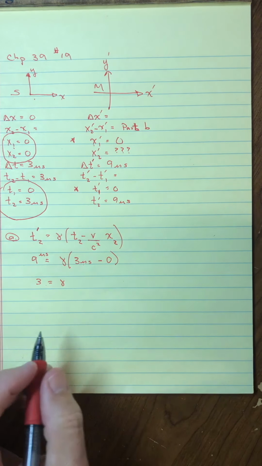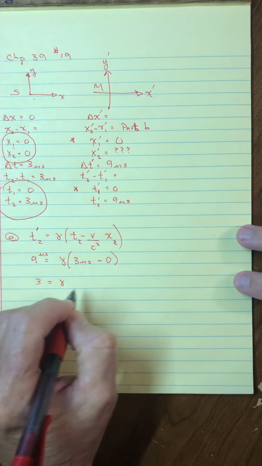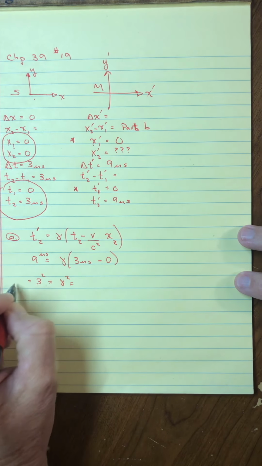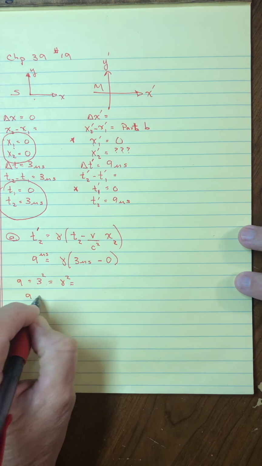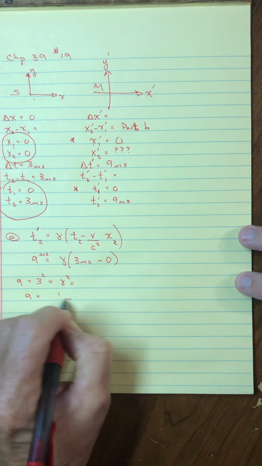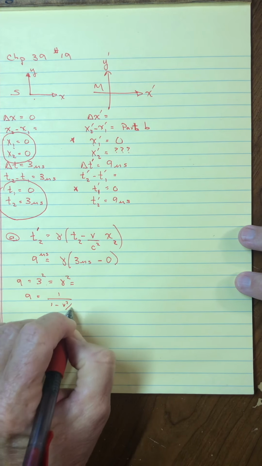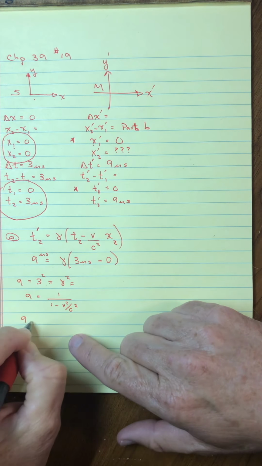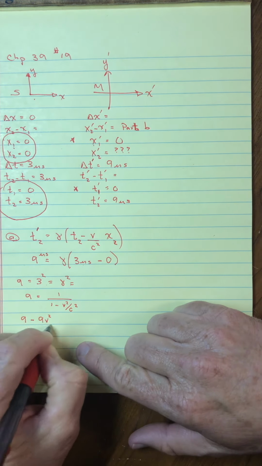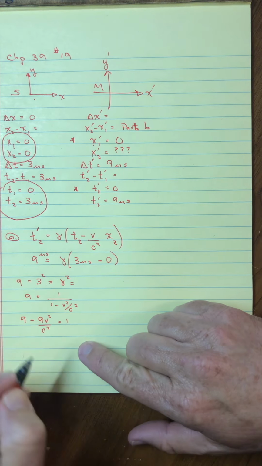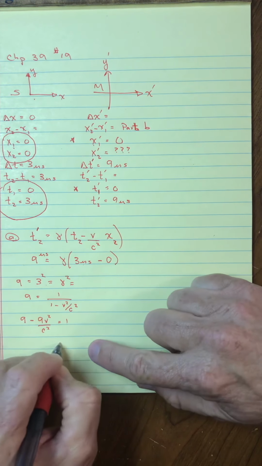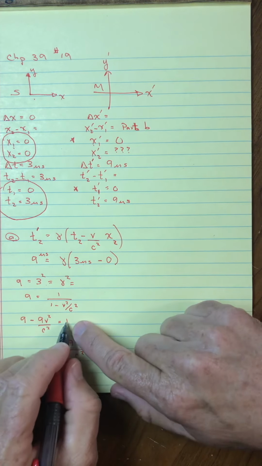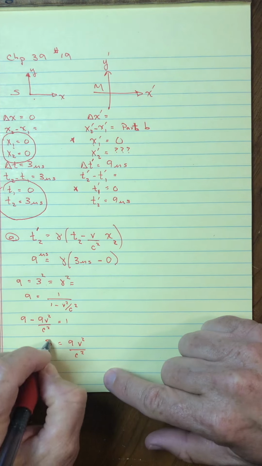Okay. Now, gamma has a square root in it, so let me square everything, because then this would become 1 over 1 minus v squared over c squared. And so when I cross multiply, this becomes 9 minus 9v squared over c squared equals 1. Moving the 9v squared over c squared to the right and the 1 to the left is going to give me an 8.